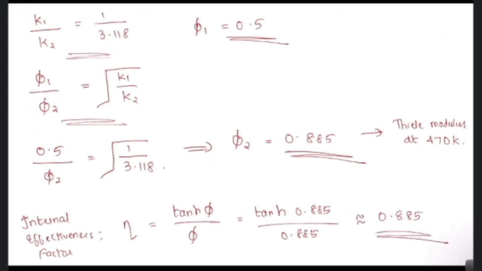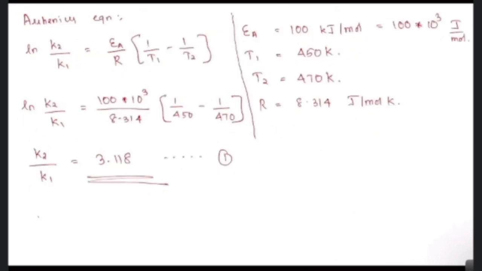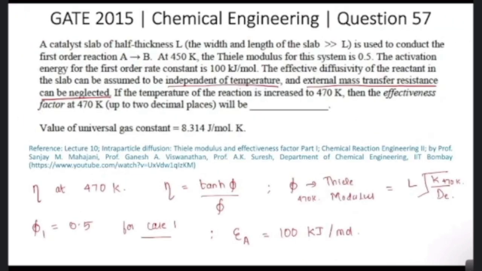So rounding this off to two decimal places, this will be approximately 0.89. So our internal effectiveness factor up to two decimal places will be 0.89.